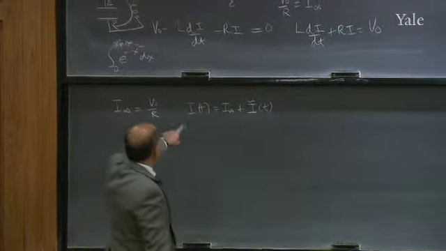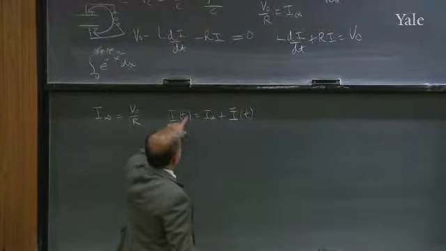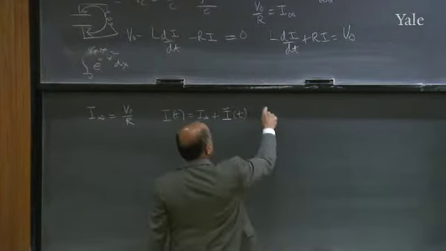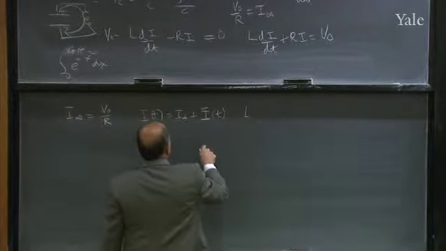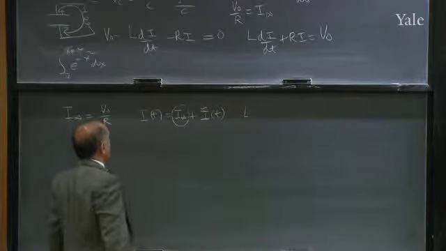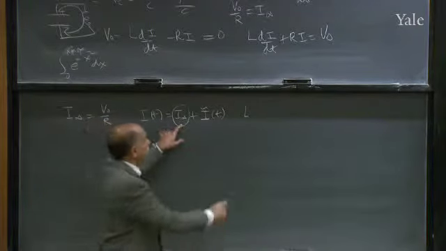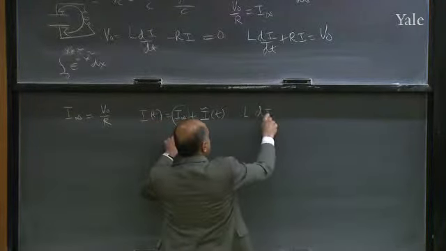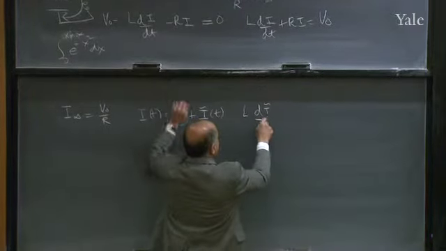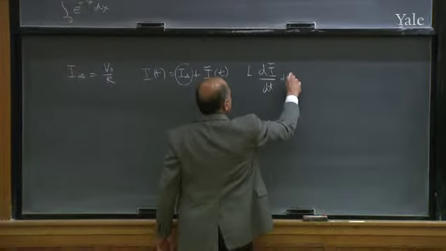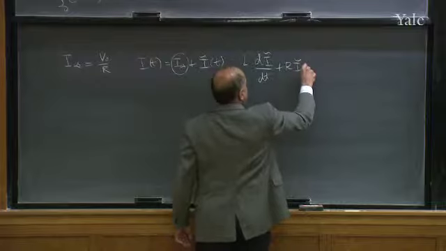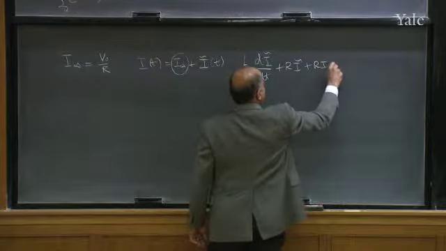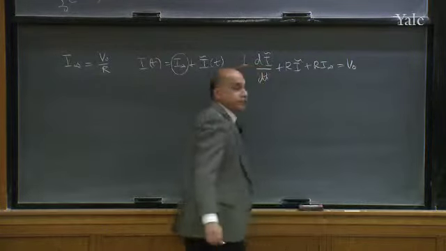So let's take that assumed form and put it into the differential equation. When I do L di/dt, this is a number, V over R. It has no d/dt. So it becomes L d I twiddle/dt plus R times I twiddle plus R times I infinity equals V naught.